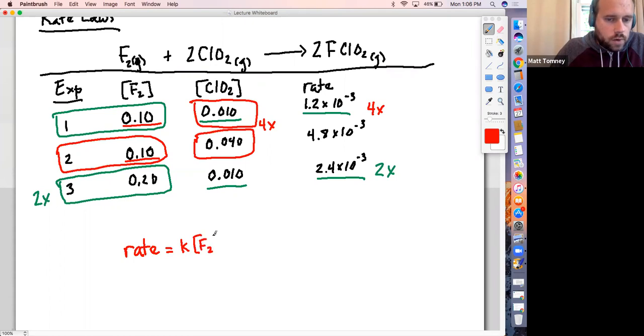So it's just fluorine, the concentration of fluorine, right, times the concentration of ClO2. This would be the rate law for this reaction. Now you can see what happens. If I hold this constant, the ClO2, and I say, let's multiply the fluorine times 2, and this is a constant. This is going to be what's known as the rate constant, which is unique to each reaction.